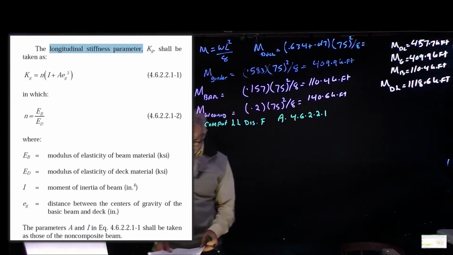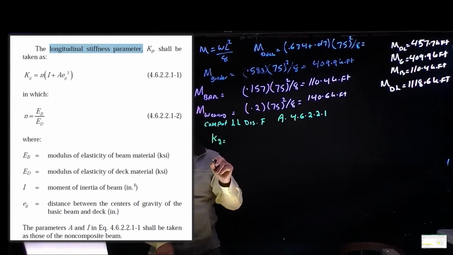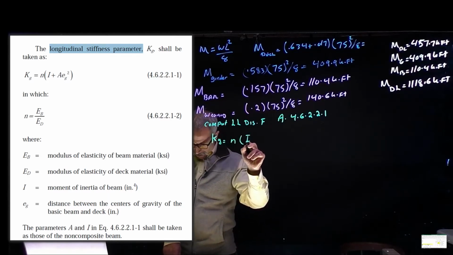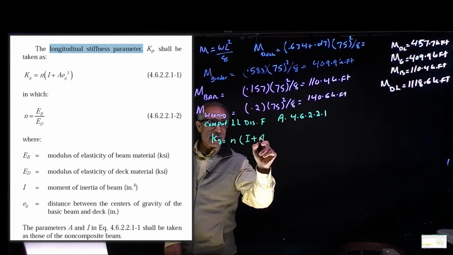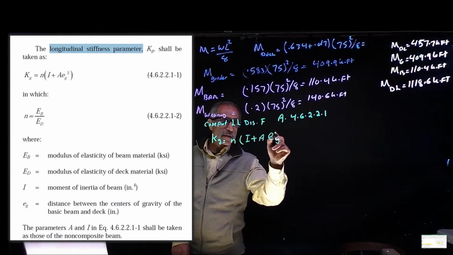is equal to n times (I plus A times eg squared).